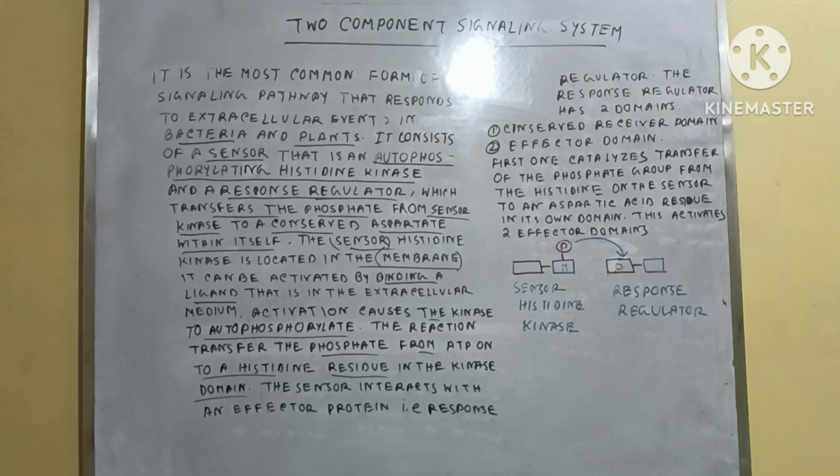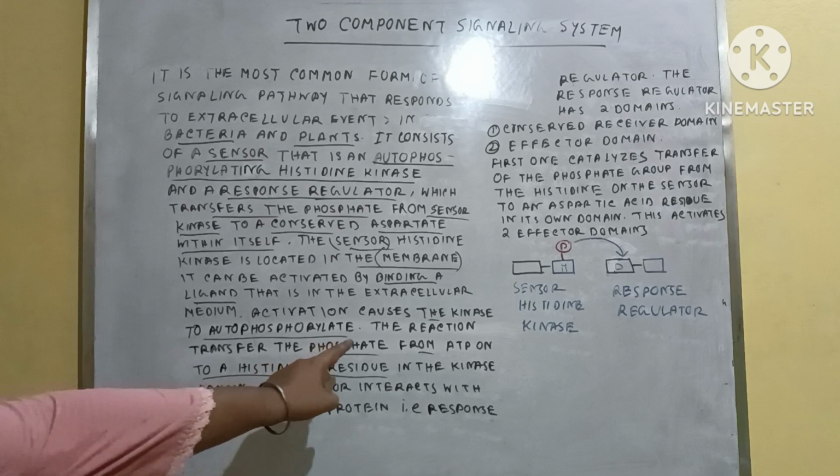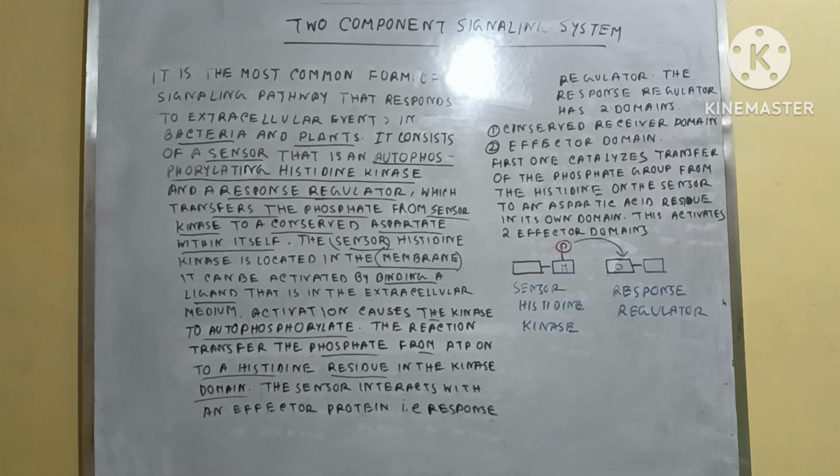So the transfer of the phosphate group from ATP to the histidine residue is occurring, and that is induced by the autophosphorylation process.